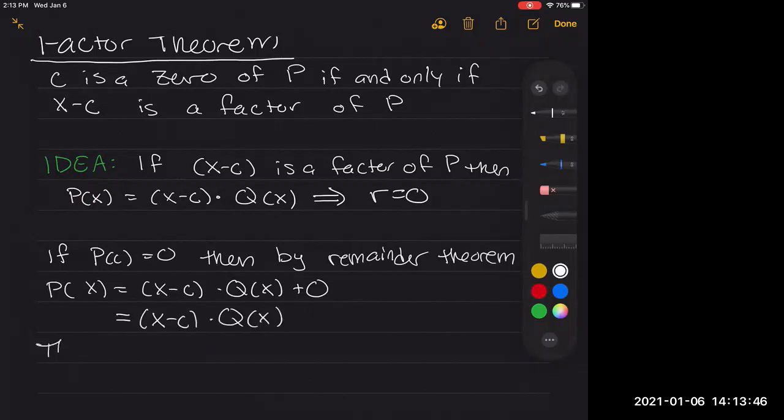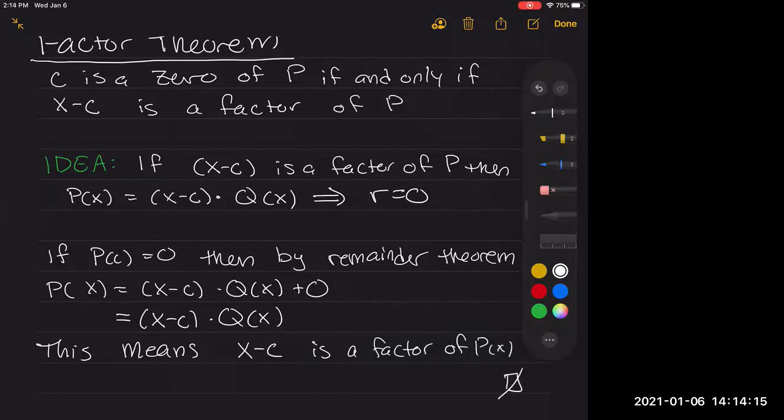Well, this means that x minus c is a factor. So we have that if it's a factor, we have a remainder of 0. And then if there's a remainder of 0, then it's a factor. So therefore, we proved this whole theorem.